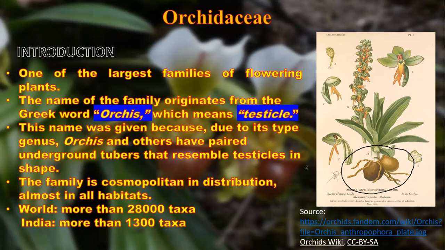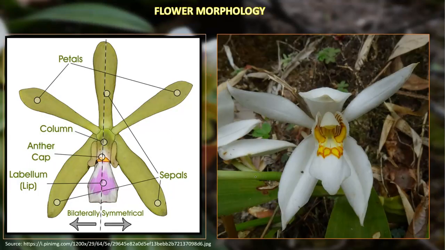It grows in all habitats, and more than 28,000 taxa are found in the world, while India is represented by more than 1300 taxa.